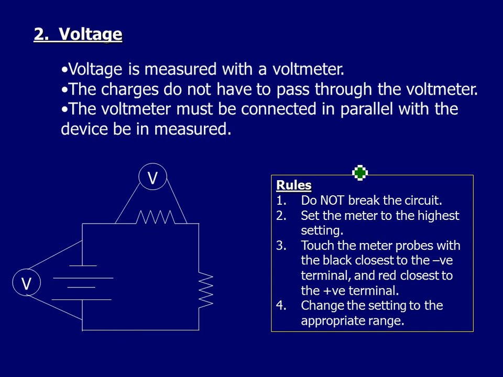Red closest to positive. With a digital meter, you won't hurt it if you get it backwards. You'll just get a negative number. It means, hey, you've got it backwards. You can ignore it. Just write the number down. Change the setting to the appropriate range. Again, with our digital meters, if you have it set, you don't have to worry about it.